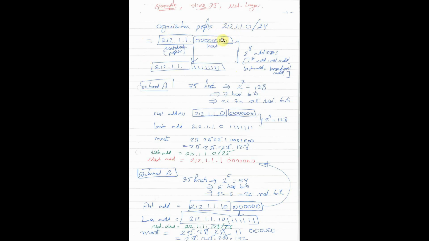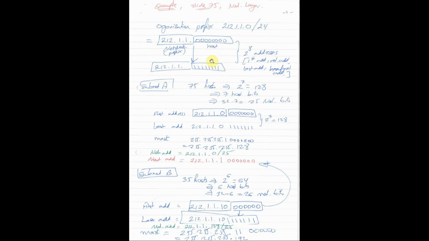Why starting with this address? Because it's the same as this address. The network address is always the same as the first address. Why ending with this address? Because /24 means 24 network bits, or the prefix, which implies 8 host bits, or the suffix. So the last 8 bits are the bits that will be changing.